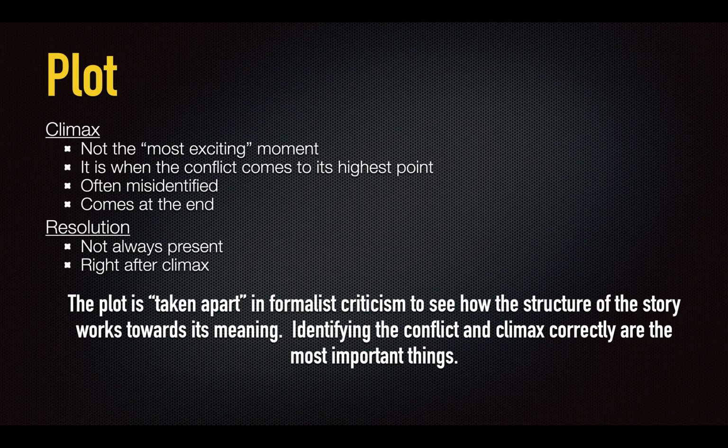So in formalist criticism, you take apart the plot like that because if you're doing formalist criticism, you want to see how the structure of the story works towards its meaning. So can you sort of discern any kind of meaning of the story by looking at how the story is structured?